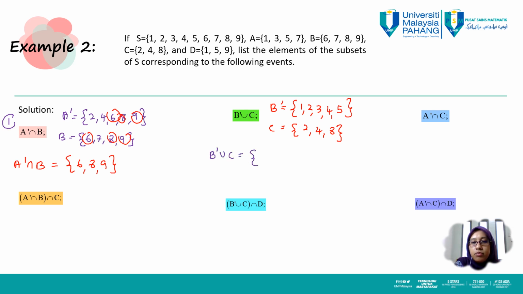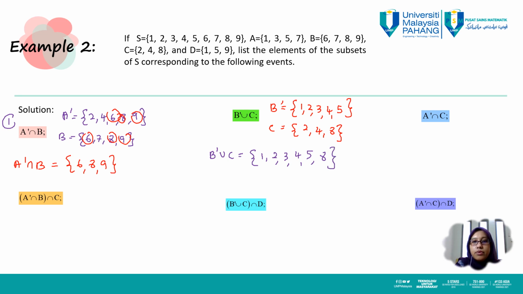We compare B prime and C. If we have two same elements, we just count as one. That means we have 2 at B prime, we have 2 at C, so we just count one only. So B prime union C is equal to 1, 2, 3, 4, 5, and also 8.